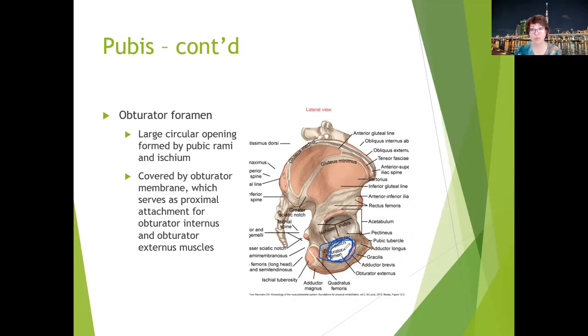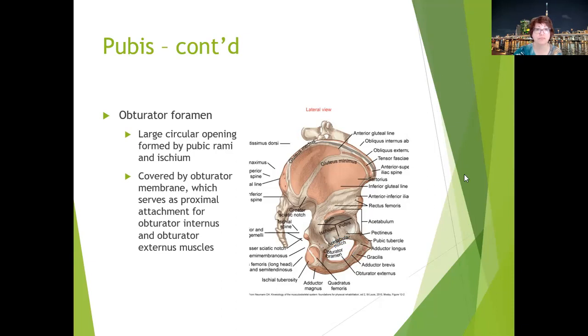It's called the obturator membrane, but the obturator nerve runs through that membrane. The obturator membrane also serves as a proximal attachment for the obturator internus, which is one of the deep hip rotators, and the obturator externus, which is another one of the deep hip rotators, which we'll talk about in the muscle chapter. So if you want to see these on the mini skeleton, there's a separate lecture that includes them on the mini skeleton.